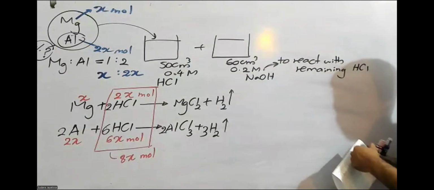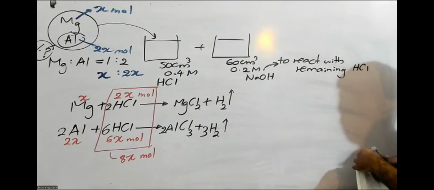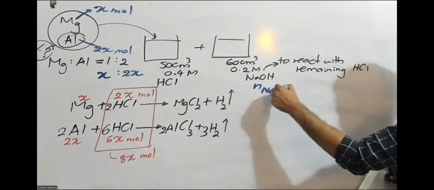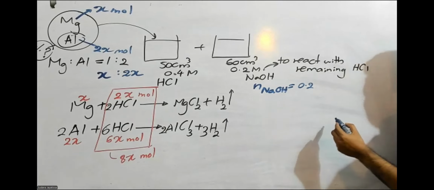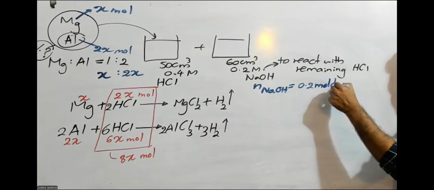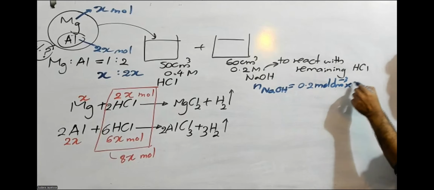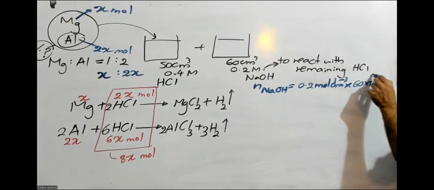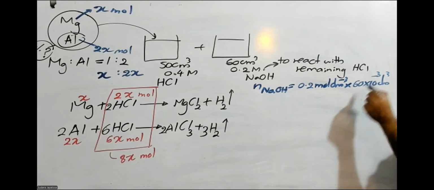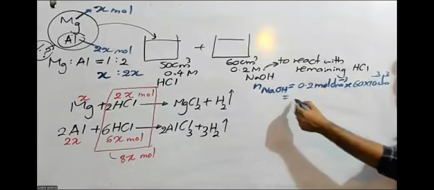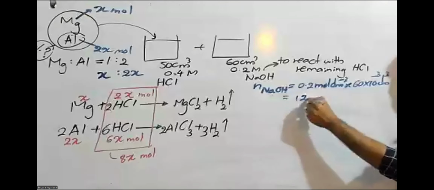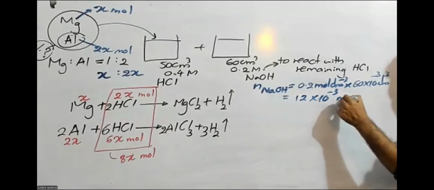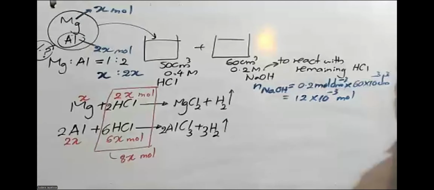Right. Now let's find out how many moles of sodium hydroxide were actually added. So moles of NaOH. We are using 0.2 mole per decimeter cube solution, and our volume is 60 into 10 to the power minus 3 dm cube. So the answer is going to be 12 into 10 to the power minus 3 moles.